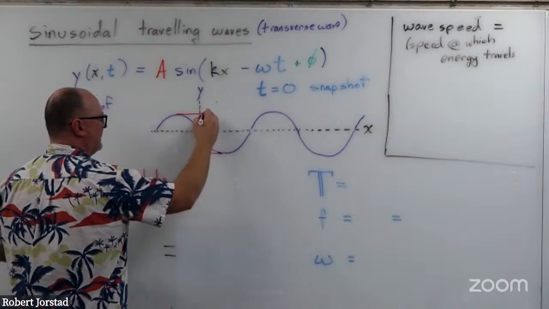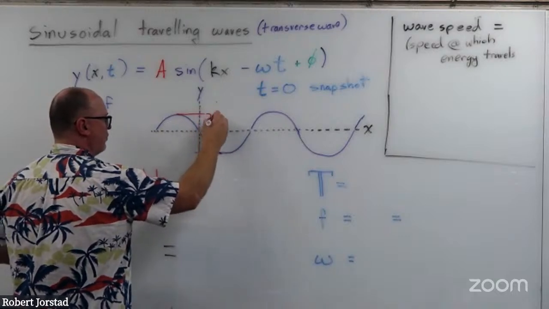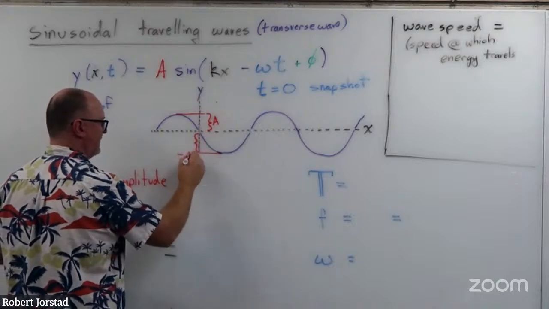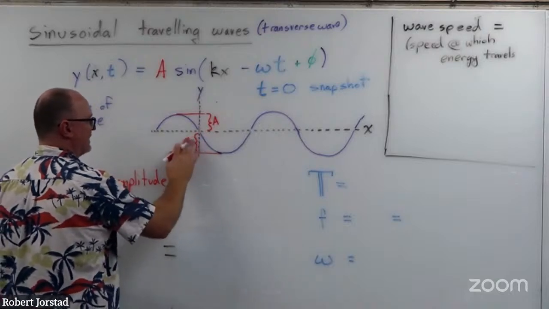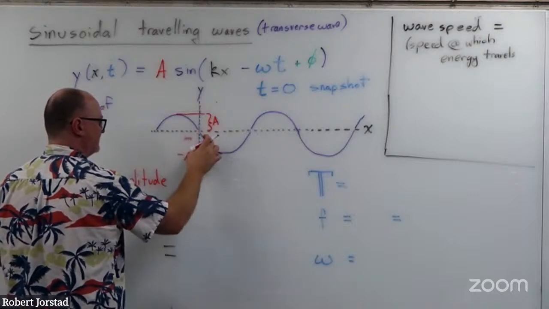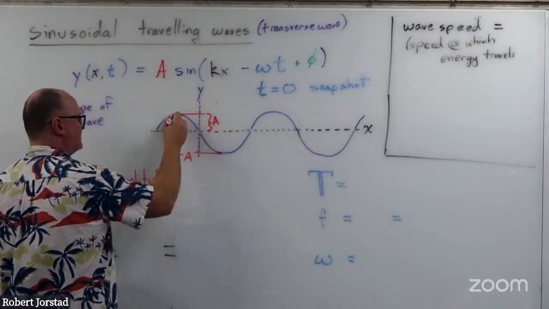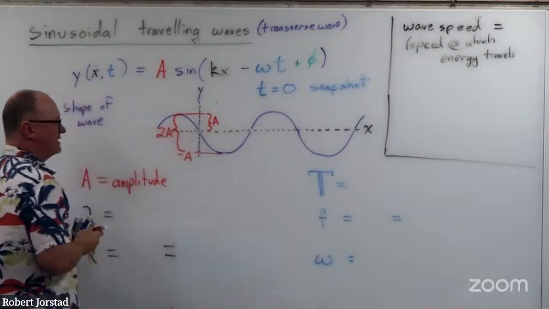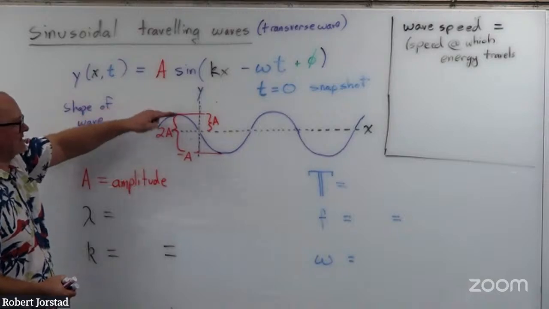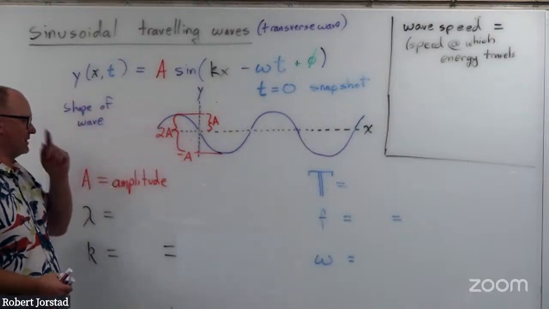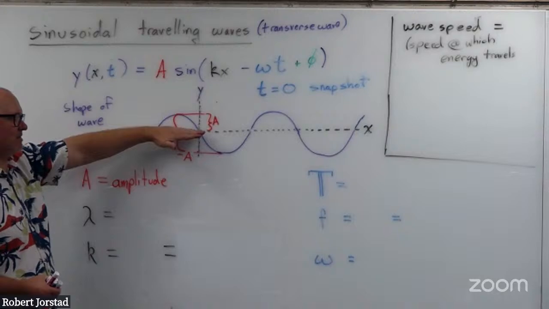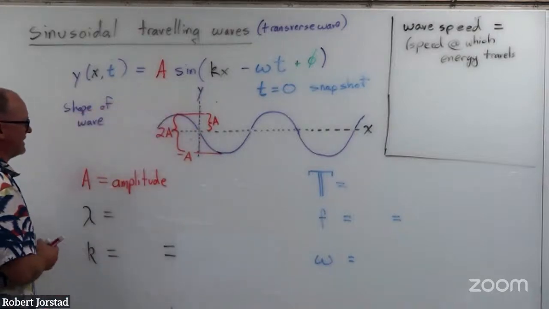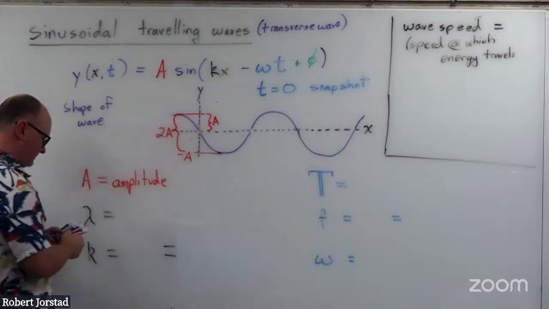This distance here is one amplitude, and this distance here is also an amplitude, so this would be negative A. Or the distance between here and here is twice the amplitude. So the distance between a crest and a trough is twice the amplitude. Or from the equilibrium position to the crest is one amplitude. So that's the amplitude.